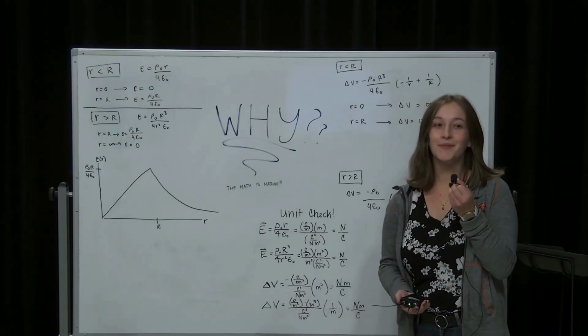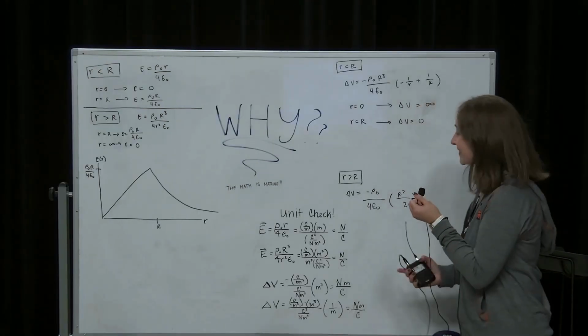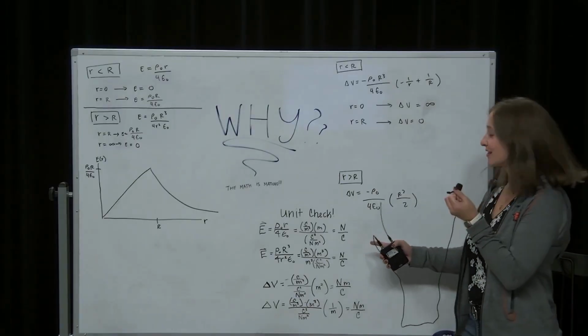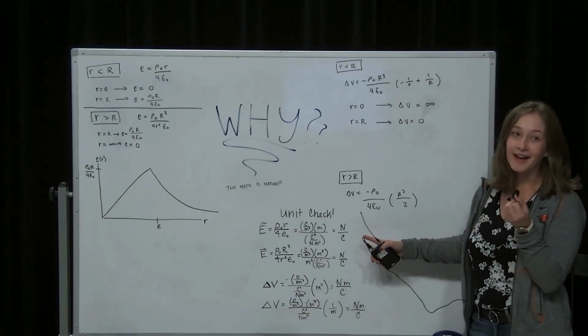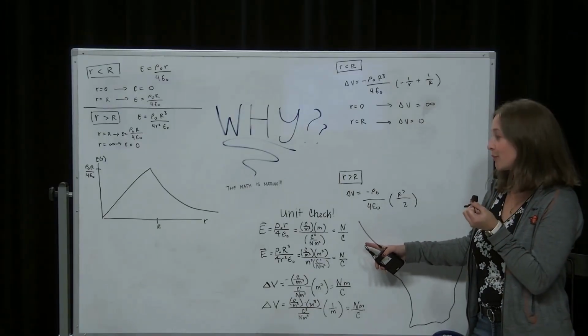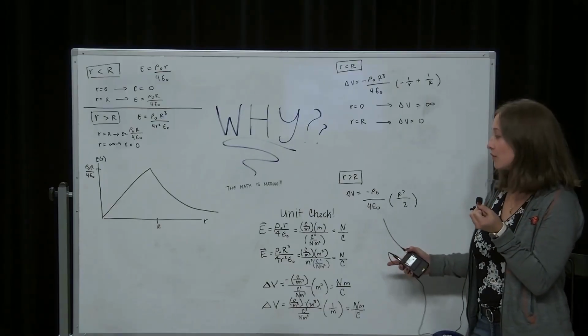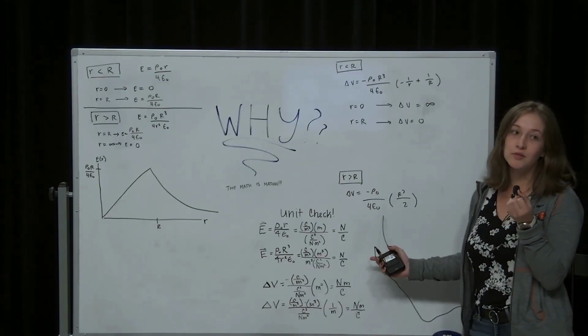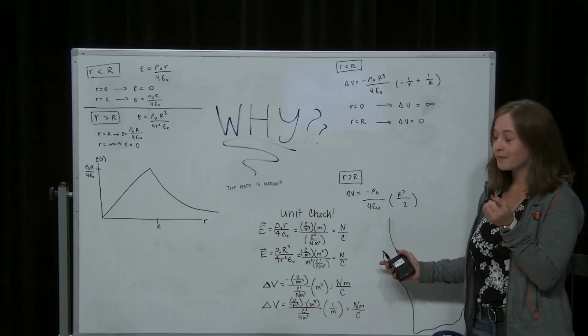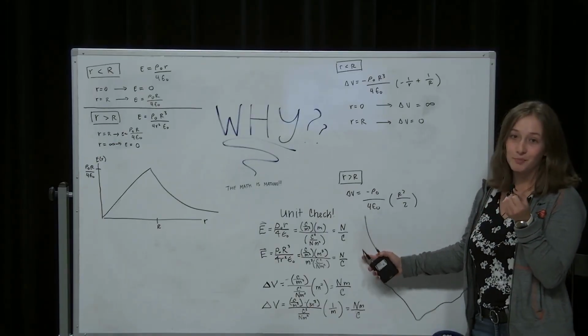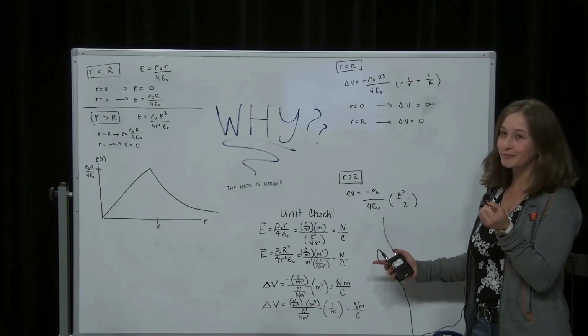Okay, and guess what? They make sense. For the electric field, we had rho as coulomb per meter cubed times big R, which is just meters, all over epsilon naught, which was coulomb squared per newton meter squared. And those both equaled newtons per coulomb.